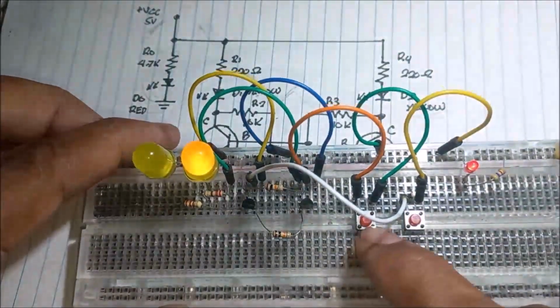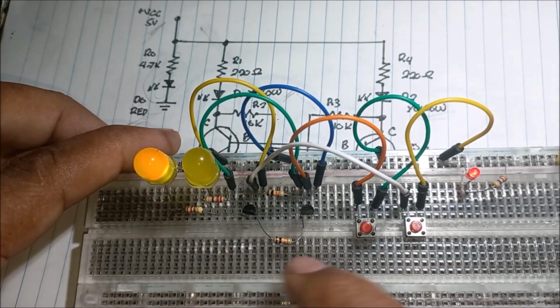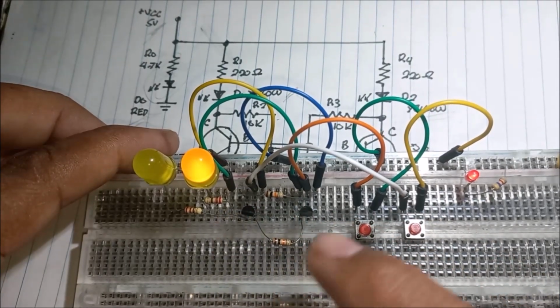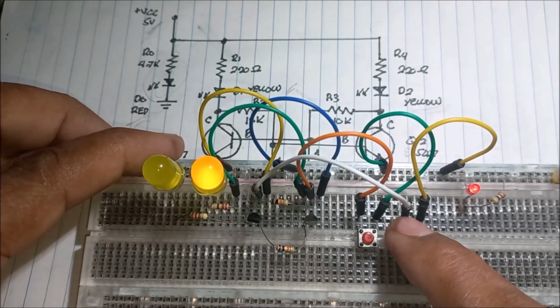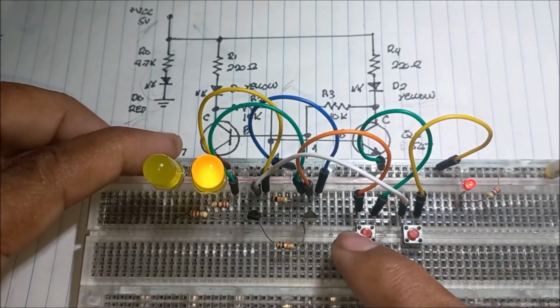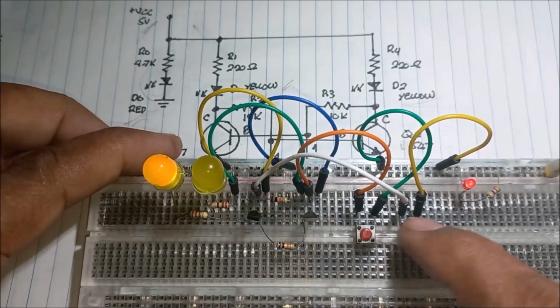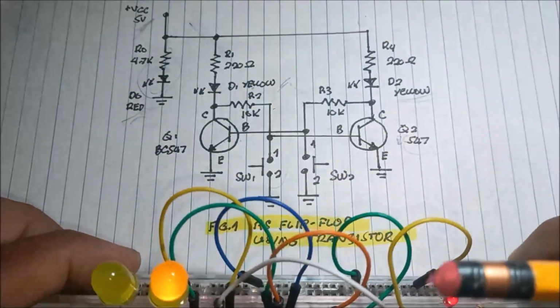Now, if I'm pressing switch 1, LED 1 will turn on. Switch 2, LED 2 turns on. Almost the same, same switching, right? Switch 1 to LED 1, switch 2 to LED 2, and that is now our circuit.